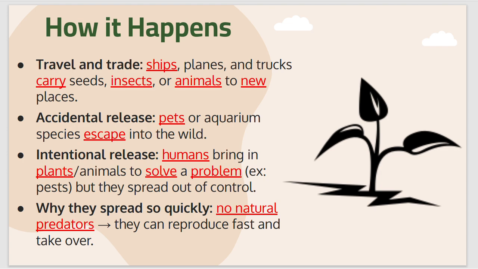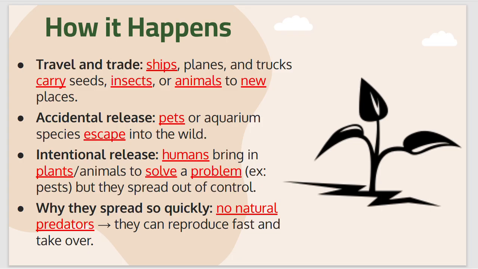Then there's accidental release. Pets or aquarium species escape into the wild, or sometimes people purposefully release pets that they can't take care of anymore into the wild, which can also harm the environment they're introduced to. Then there's intentional release.